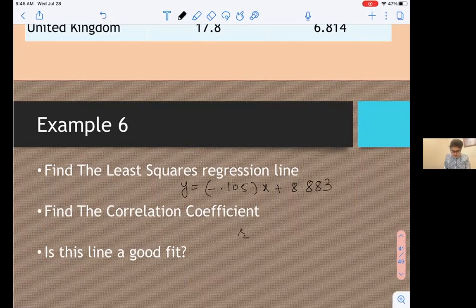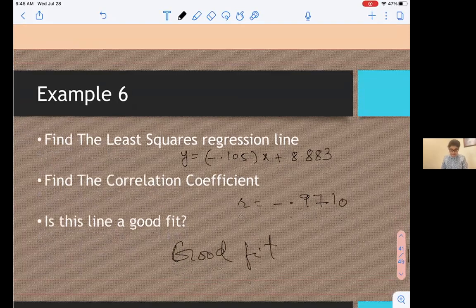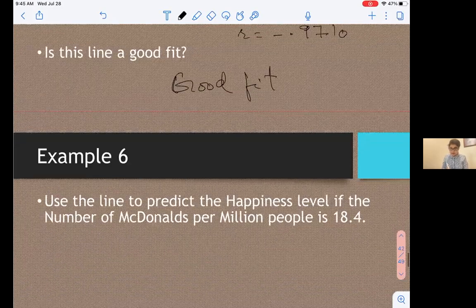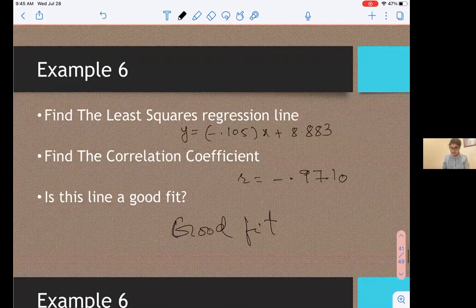And the correlation coefficient is minus 0.9710. So this means R is a good fit. It's very near to -1. It's very accurate.